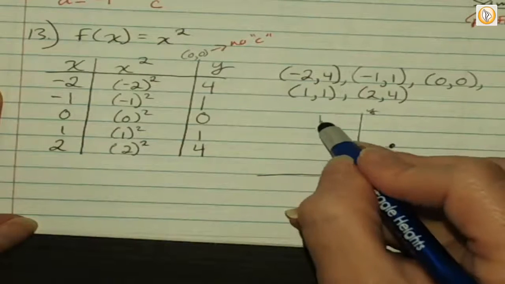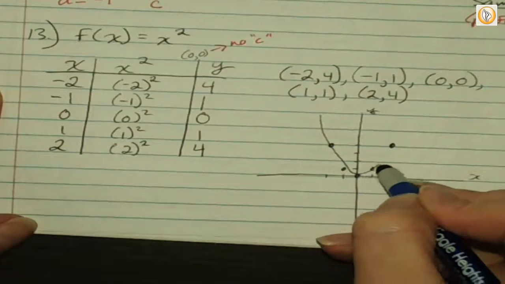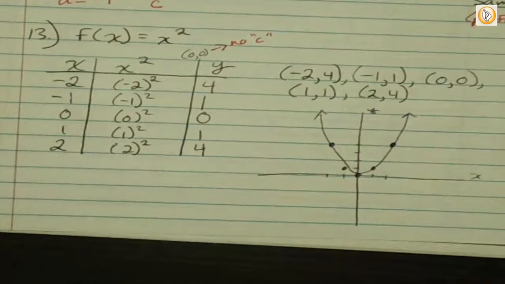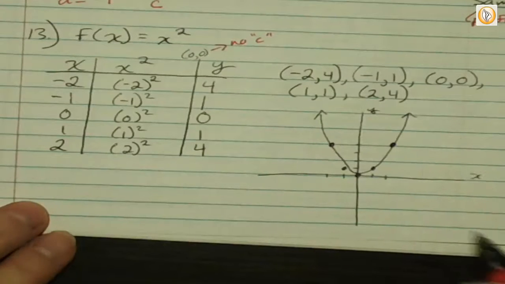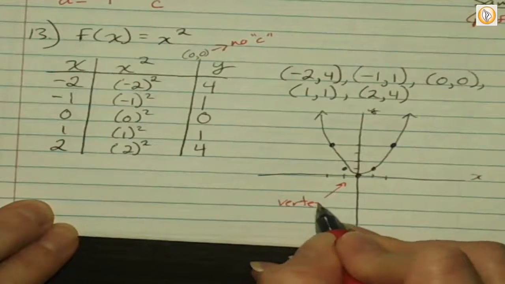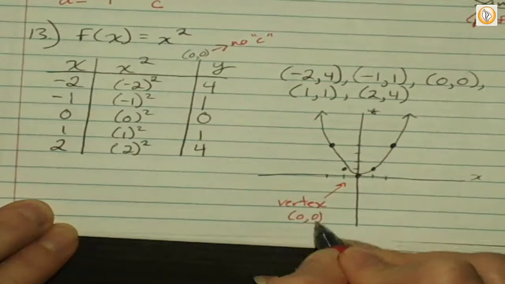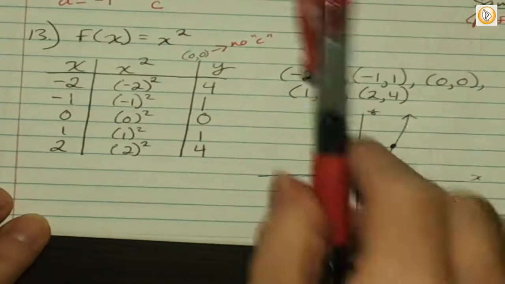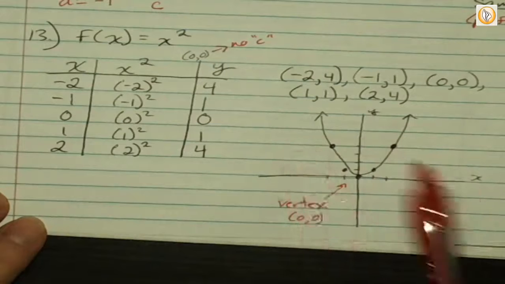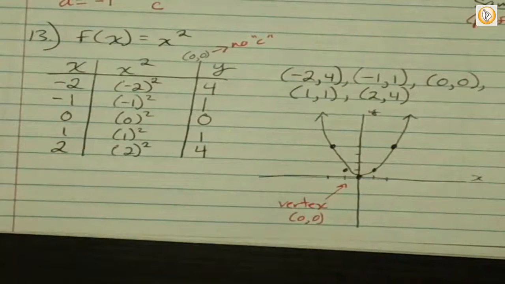And then you, as best as you can, connect your dots. And that's your answer. And here, by the way, is your vertex. It's 0 and 0. So see, all that stuff up there in the chart, you don't even really need to know. You just need to be able to graph it.